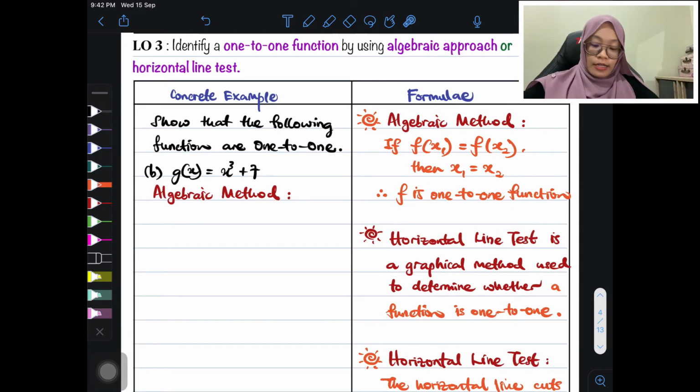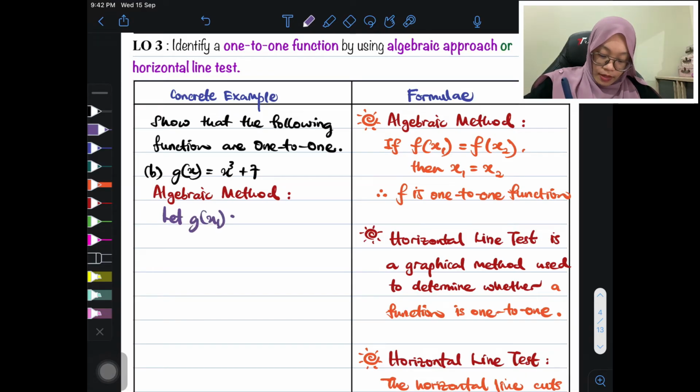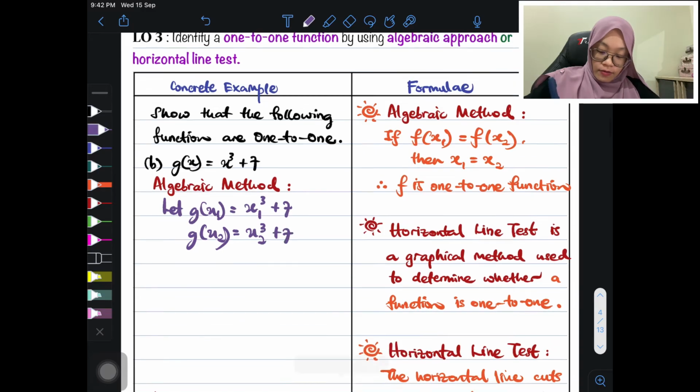I'll show you one more example so that you guys are very confident with this algebraic method. So now again, I repeat. We must start with let. Let what? Let F. Oh, this time it's not F. This time it is G. So now, let G(x1) equal x1 cube plus 7, and also G(x2) equal x2 cube plus 7.